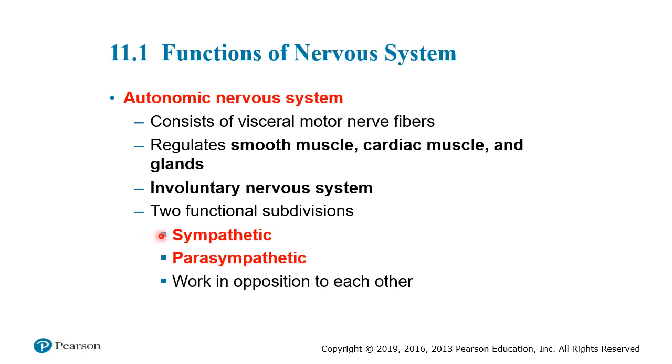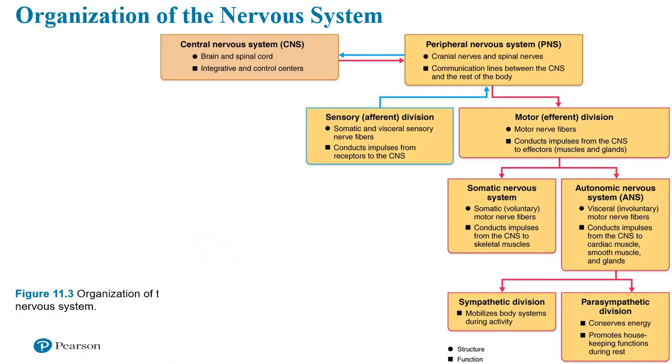One of them is sympathetic and the other one is parasympathetic, and they balance each other's actions. Okay, so sympathetic is mainly your fight or flight type of response, and your parasympathetic is more related to rest and digest type of nervous function. So sympathetic and parasympathetic work opposite to each other. Okay.